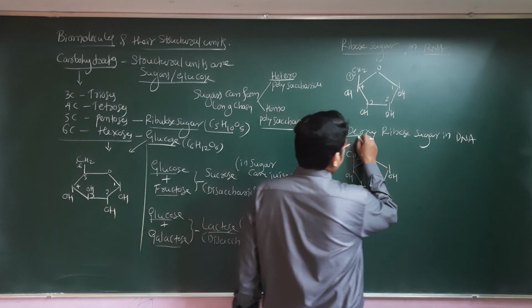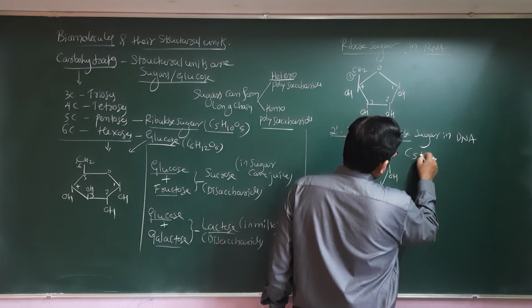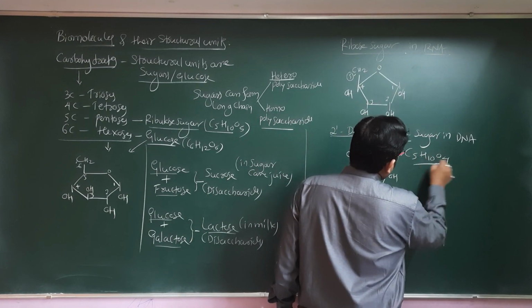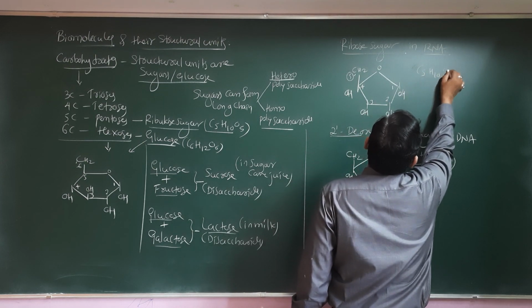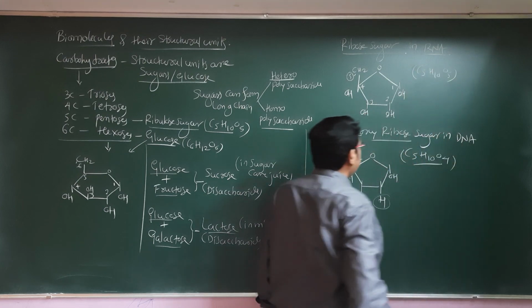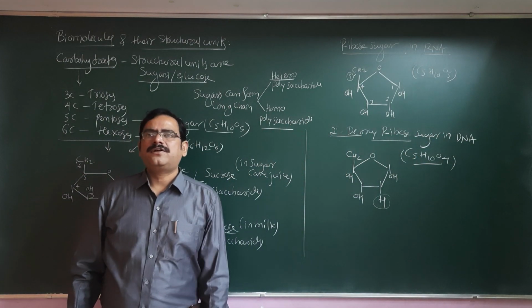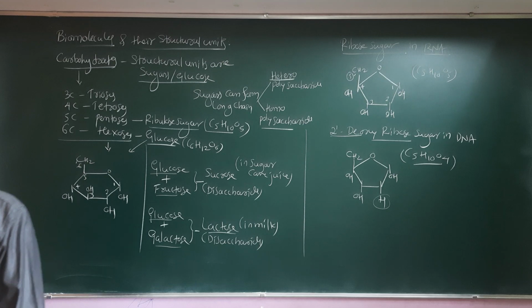So deoxyribose sugar has C5H10O4, and here it is C5H10O5. These are the things you need to remember, the structural units of important biomolecules.